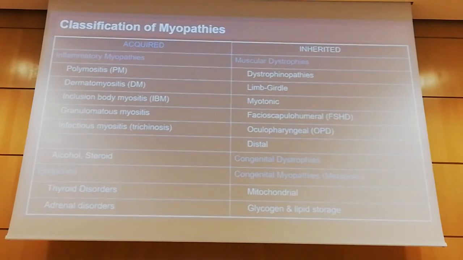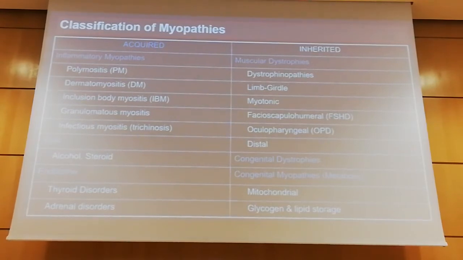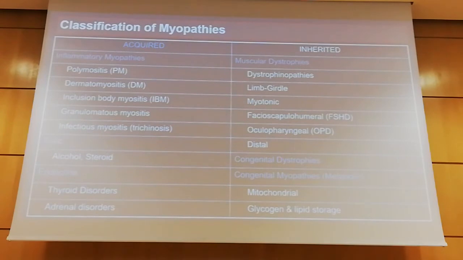Endocrine, you will see that it is really strange that thyroid disorders, both hypothyroidism and hyperthyroidism, are associated with muscle disease and muscle weakness. There is a list of inherited disorders, including muscular dystrophies. This is something that you're going to be seeing next week, inshallah, in the PBL. So you're going to be trying to find out which of this list is going to be the disease in question.